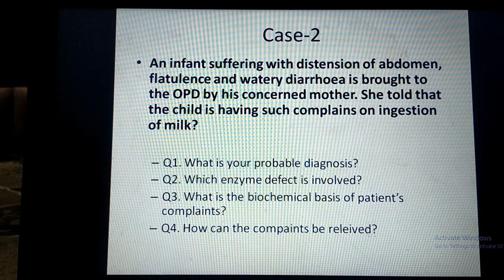As the lactase enzyme is deficient, the lactose from the milk is not digested. This lactose enters into the large intestine, which is acted upon by the bacteria present in the large intestine and gets fermented into acid and gases, and these acids and gases lead to the above complaints like watery diarrhea, abdominal distension and flatulence.